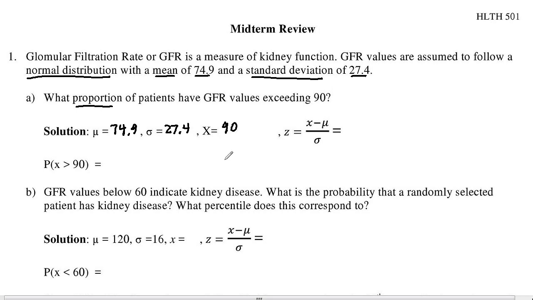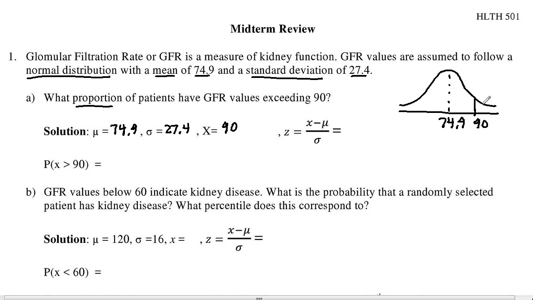And then what we want to do is, on the bell-shaped curve, we want to know what proportion of the values exceed 90. So if you sketch a picture of what's going on here, got this bell-shaped curve, and the mean's at 74.9, so right in the middle here is 74.9, our mean, and then 90 is up here somewhere.